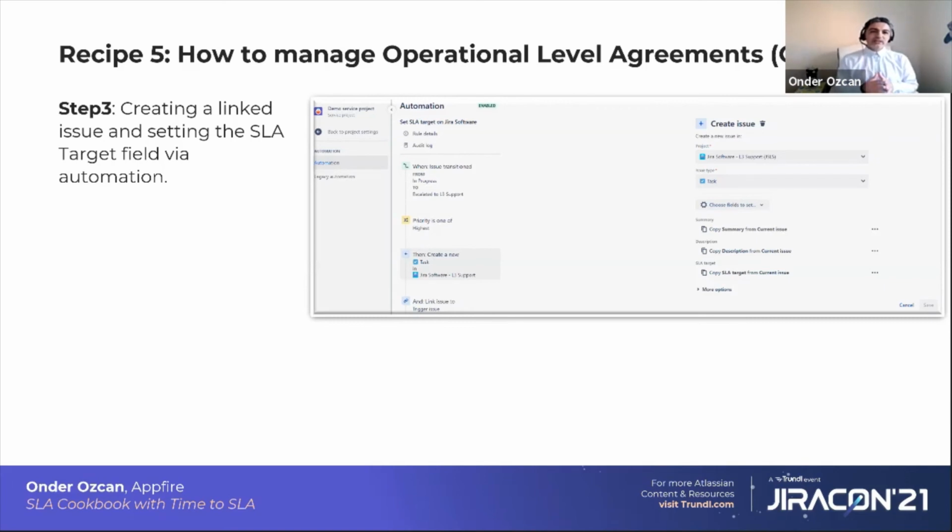Just to recap, we need to create an SLA for JSM as well as Jira Software, and then we need to glue them together by using automation. But the final word on this one is, it is not full-fledged OLA capabilities, but we can say that it's a first iteration.